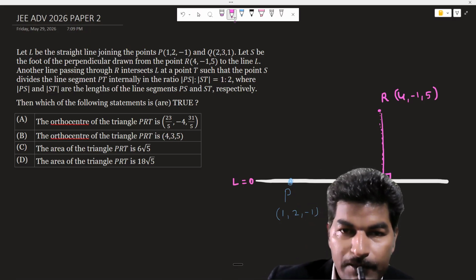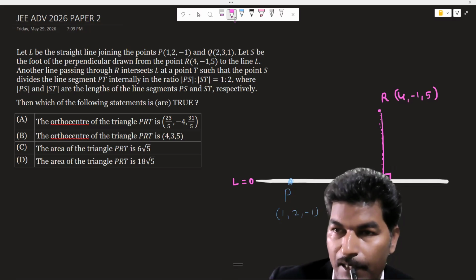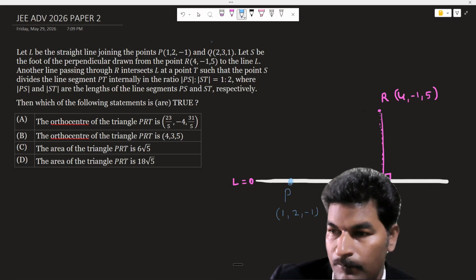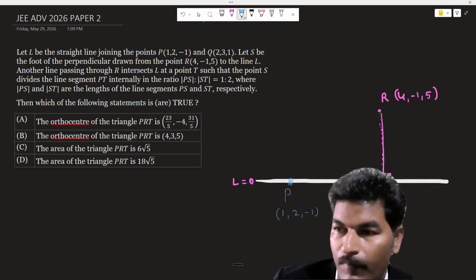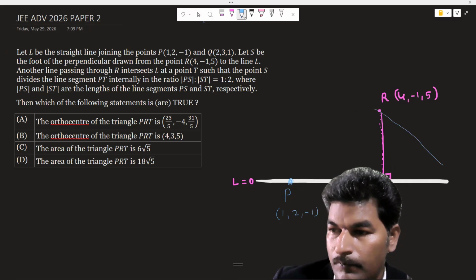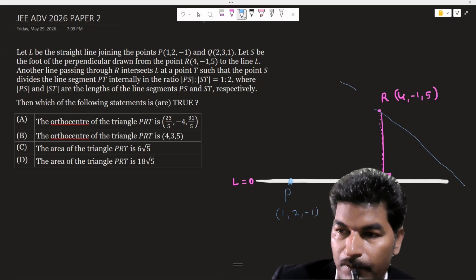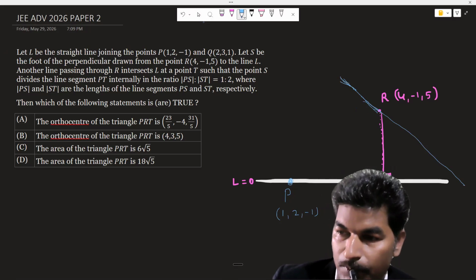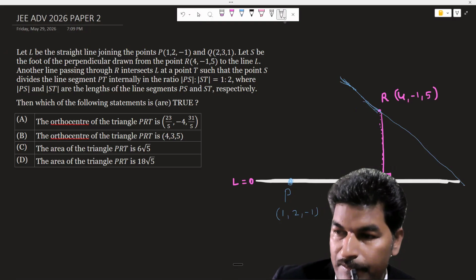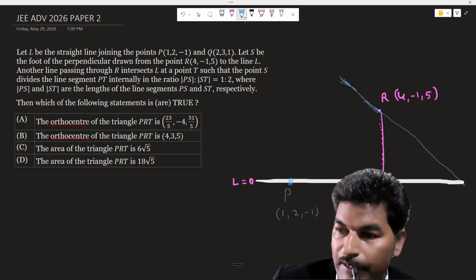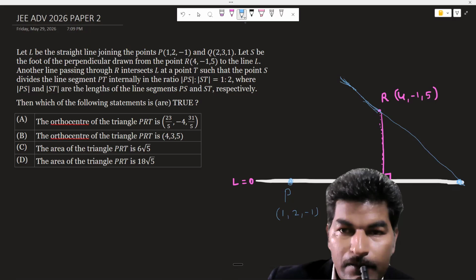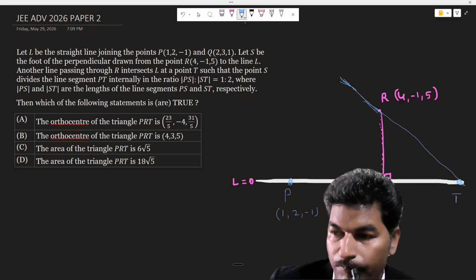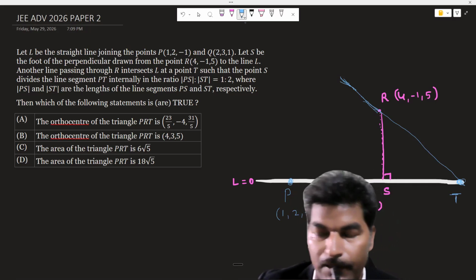Another line passing through R, another line passing through R, intersects L at a point T. Both intersect at a point T.